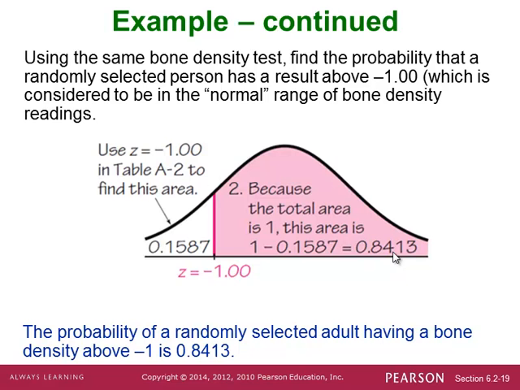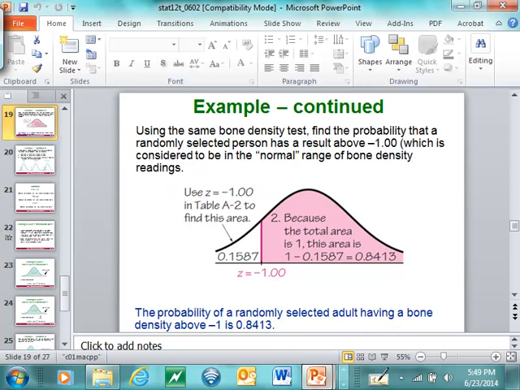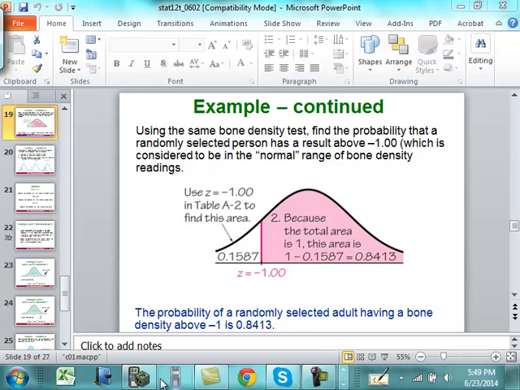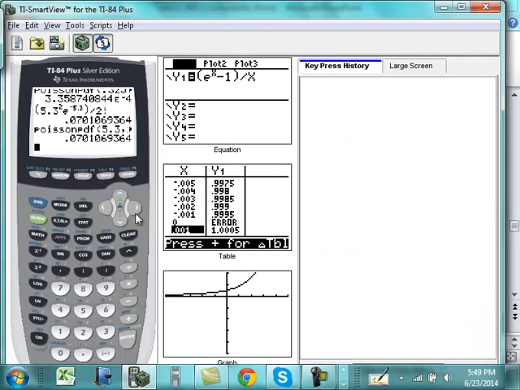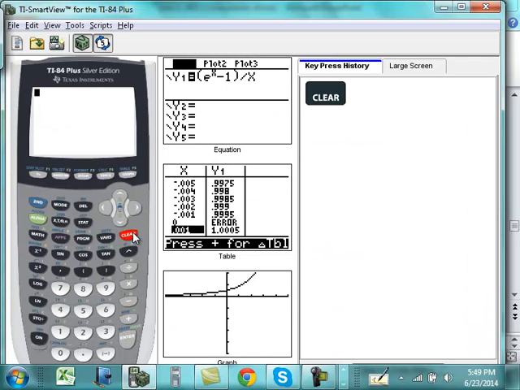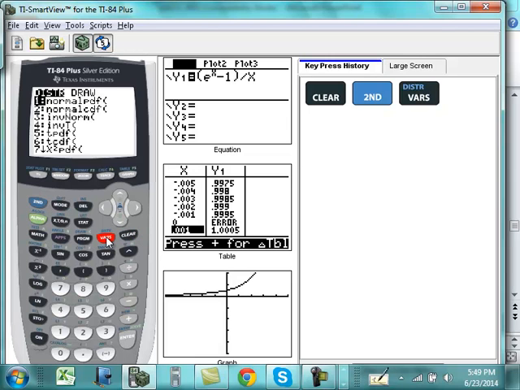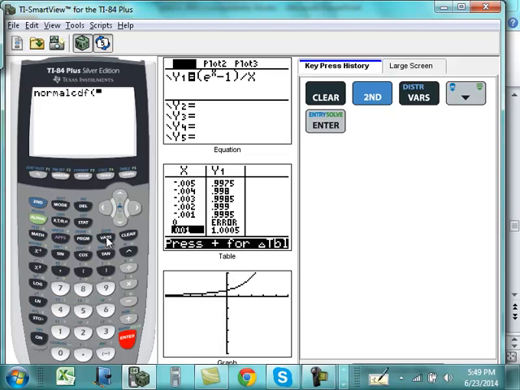Now, what I want to show you now is how to use your calculator. I'm pulling out my calculator here. I'm going to clear the home screen, go into the distribution menu. You have to hit second and then this button here, and then go down to normal CDF, not PDF, but CDF. CDF means cumulative distribution function, and hit enter.